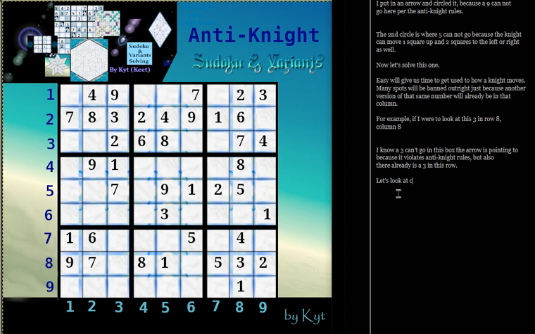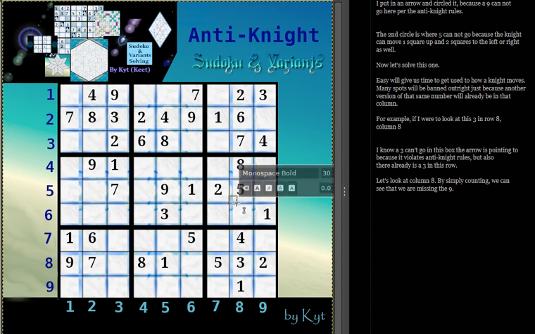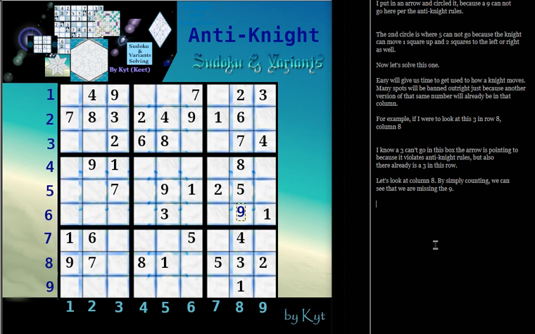So let's look at column 8. By simply counting, we can see that we are missing the 9. That is the only square with a missing number, so we can put it in and quickly move on.